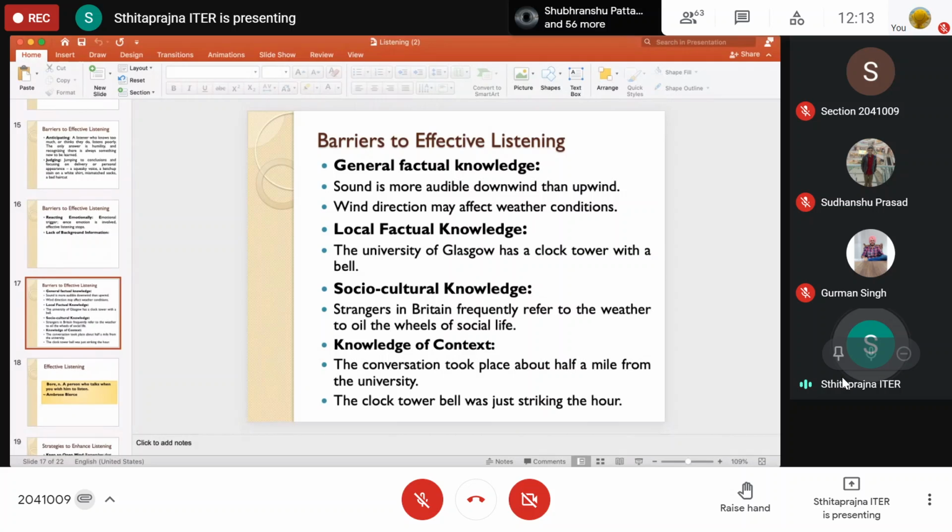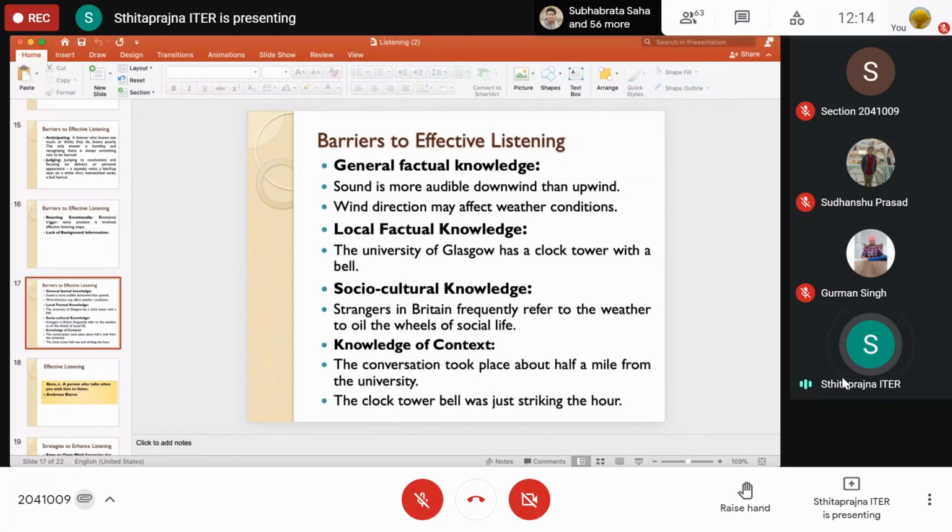So the sound was audible to the lady, and it was more clearly audible than other days, possibly. So she could make out that possibly it is a downwind, because in downwind the sound is more clearly audible, and since it is downwind, it is going to affect the weather conditions.